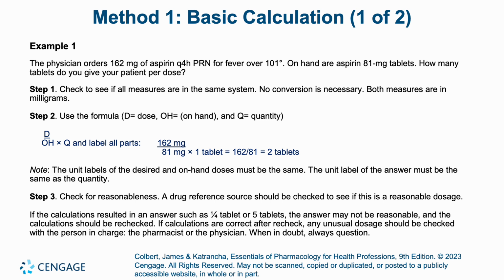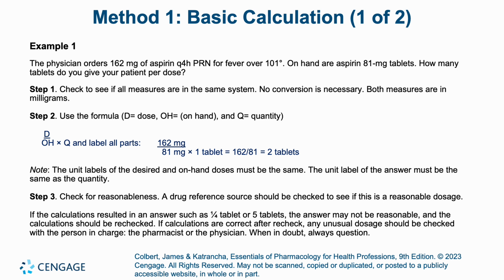So step 1, you need to check and see if all measures are in the same system. In this case, the physician's order is in milligrams. You have on hand milligram tablets, so both measures are in milligrams. No conversion is necessary in this case. Step 2, you're going to use this formula where D equals dose, OH equals on hand, remember that means what you have, and Q equals quantity.